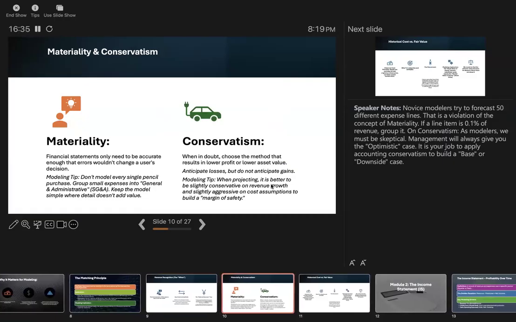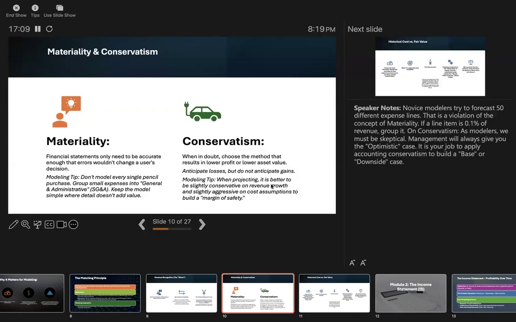These are also two concepts or underlying assumptions that are very important in accounting: materiality and conservatism. There are certain things that may not be very material, and as long as they don't change, they have no bearing on whatever decision you have to make.